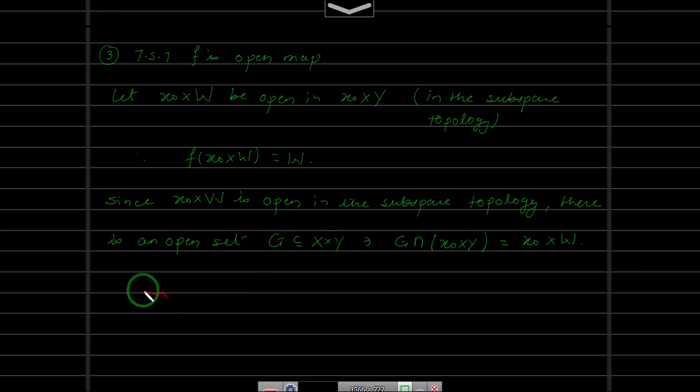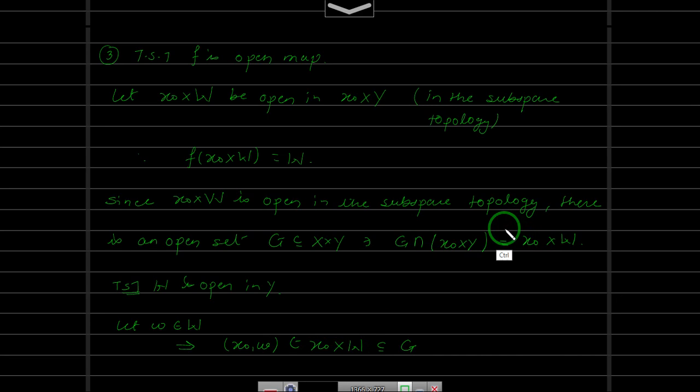Now we need to show that W is open in Y. To show that W is open in Y, the definition says if you take any point in W, there should exist some open set which contains that point and is contained in W. So let us take a point w belonging to capital W. Then x naught comma w belongs to x naught cross W, and this x naught cross W is contained inside G, right? Because x naught cross W is contained inside G.